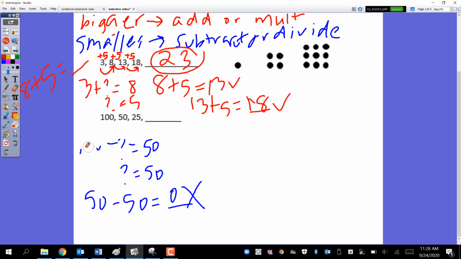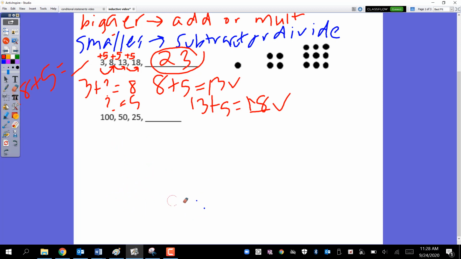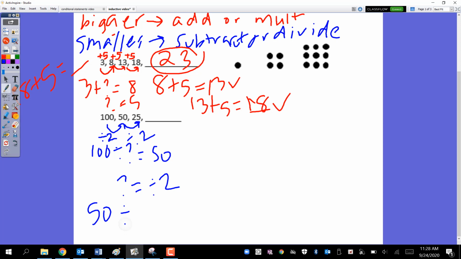Okay, well, if subtracting doesn't work, then we need to figure out dividing. So if we're going to be dividing, you need to figure out, well, 100 divided by what number gives me 50? Well, I know that 100 divided by 2 is going to give me 50. So I could say, oh, the pattern is divide by 2. Well, let's check. Let's check 50 divided by 2.